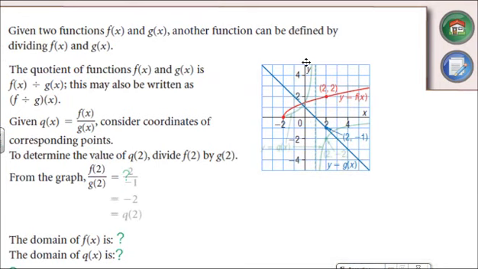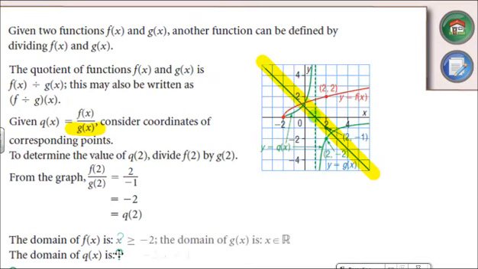Okay. So when we look at that original function, whatever was in the denominator, which happened to be the g, wherever that crosses the x-axis, those zeros, that's going to be an asymptote. And again, back to the domain question. The original was greater than or equal to -2.